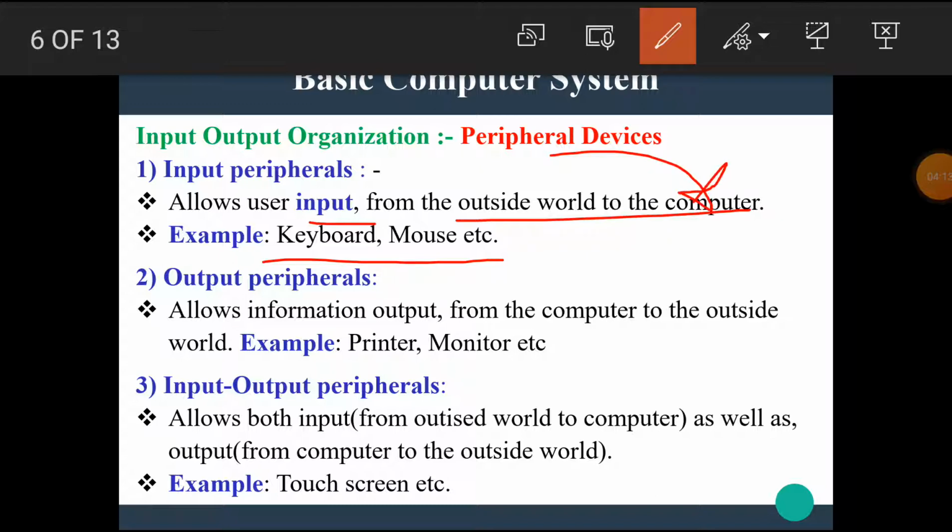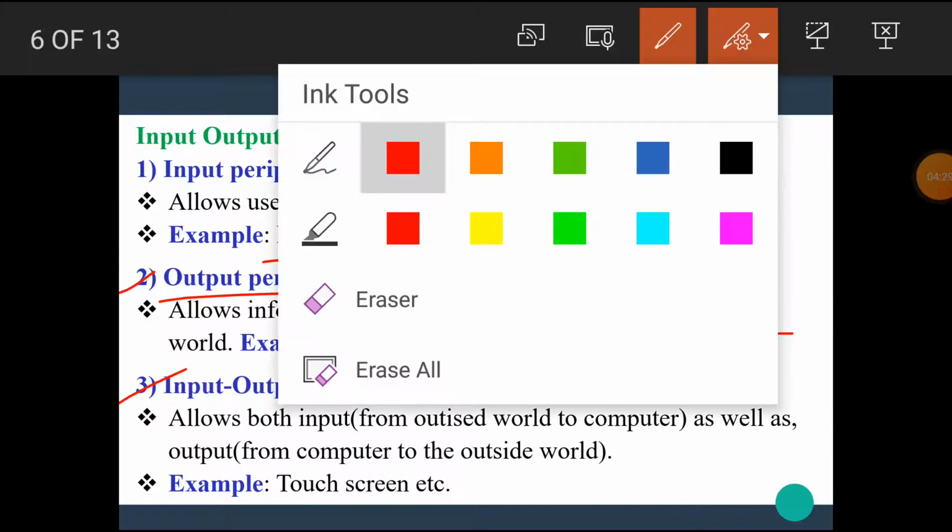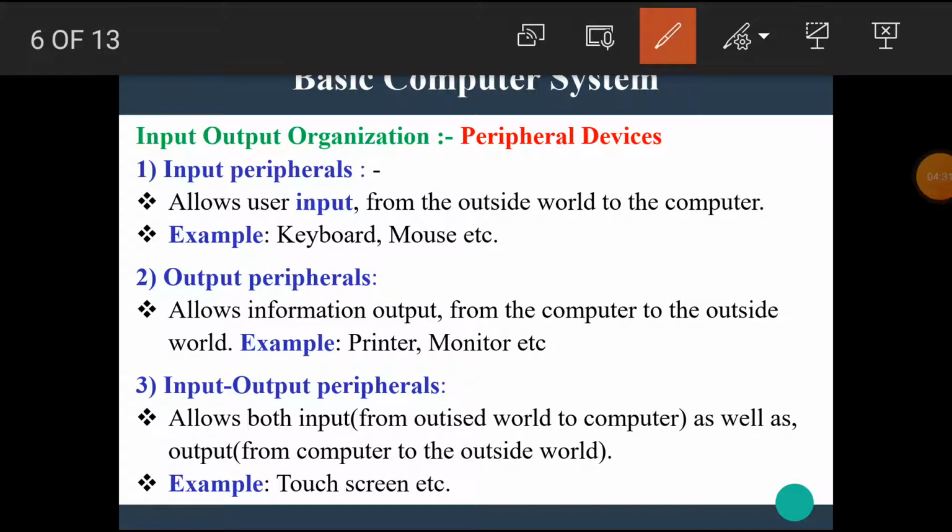The second one is output peripherals. The output peripherals allow information output from the computer to the outside. For example, printer, monitor, etc. And the third one is input-output peripheral. As the name implies, these devices perform both data input as well as data output.